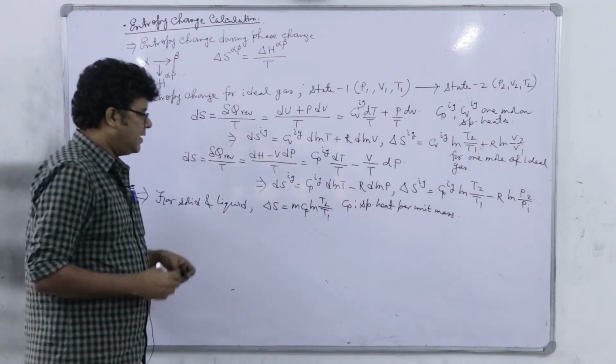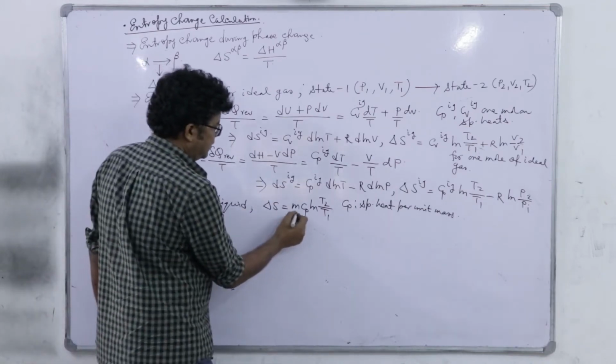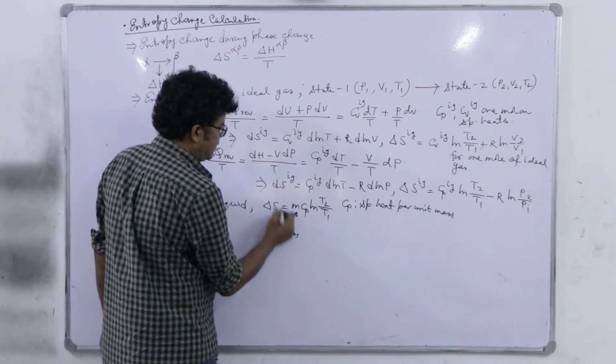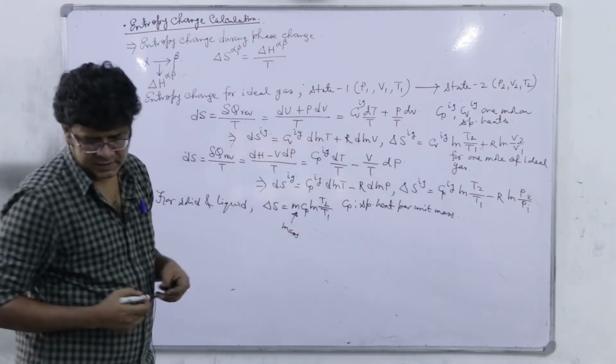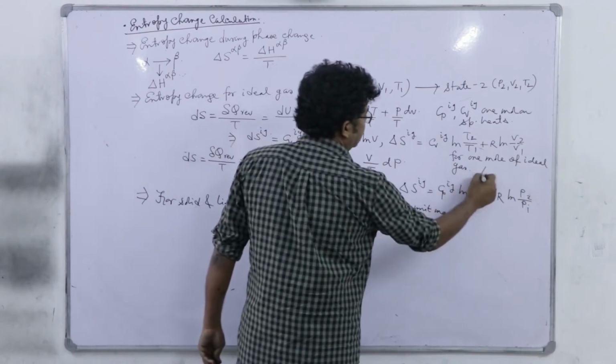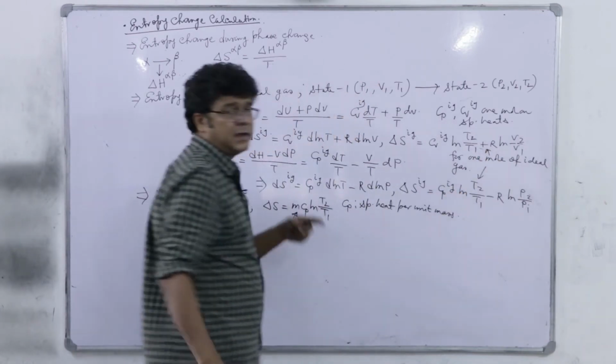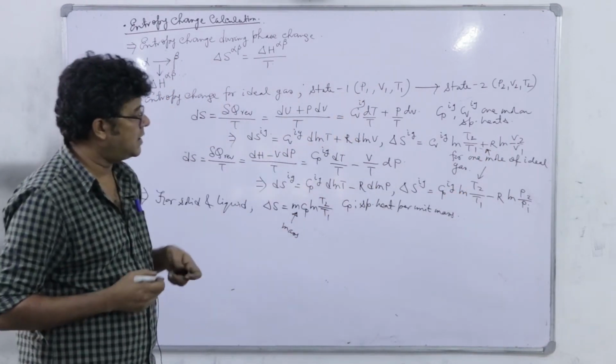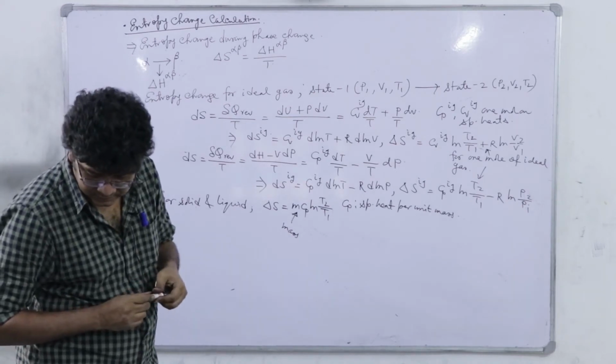So for solid and liquid, this is the mass here. But these equations for ideal gas are valid for 1 mole. If you have to calculate for n moles, multiply it by the respective number of moles. Okay?